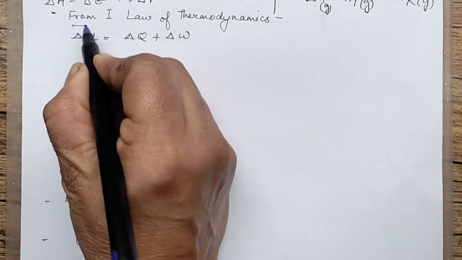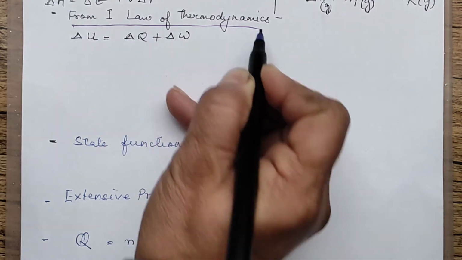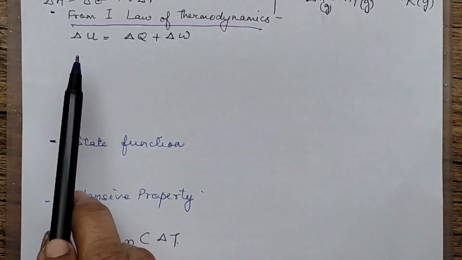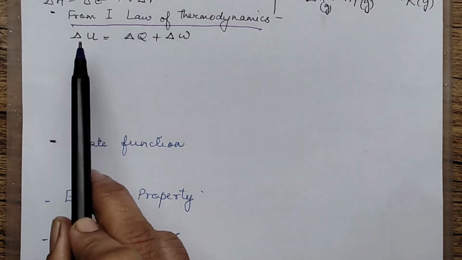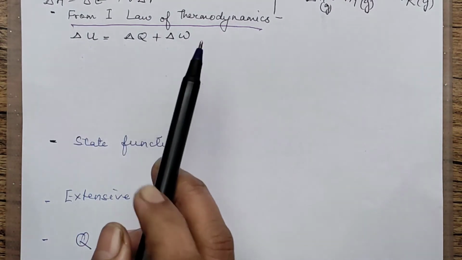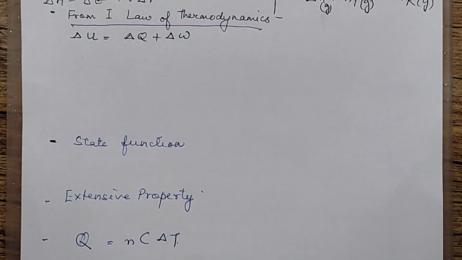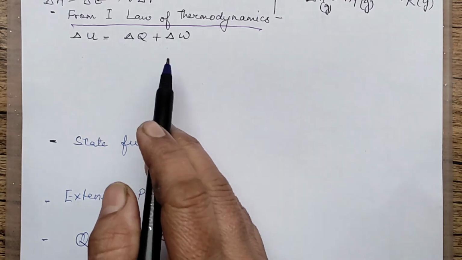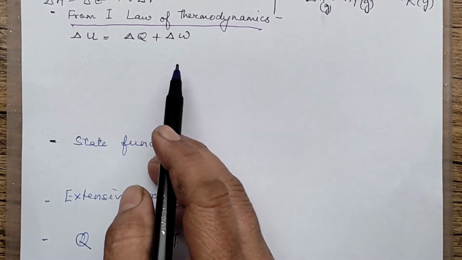Now moving on to another formula. In the previous video we discussed the first law of thermodynamics. As per the first law, we write delta U or E is equal to delta Q plus delta W. That is the heat and the work, whose sum is equal to the change in the internal energy.